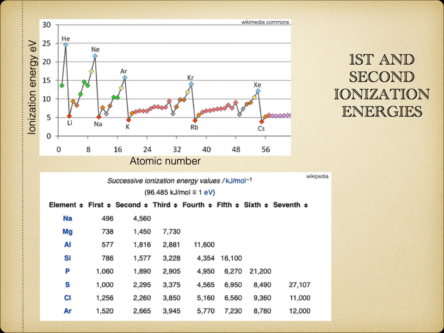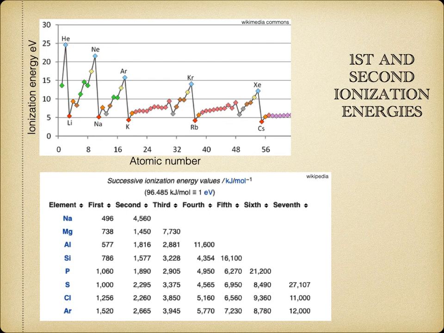Helium, on the other hand, is a noble gas, incredibly stable, full 1s sublevel, and so it has a very high ionization energy. And then you drop down to lithium, which tends to want to lose electrons. And if it wants to lose electrons, it shouldn't take very much energy to take that away. And so sure enough, lithium has a very low ionization energy.